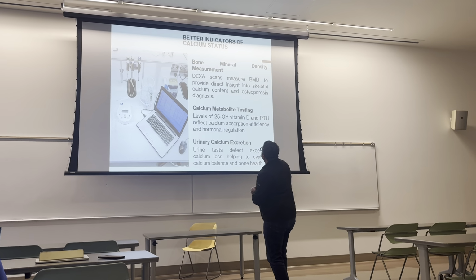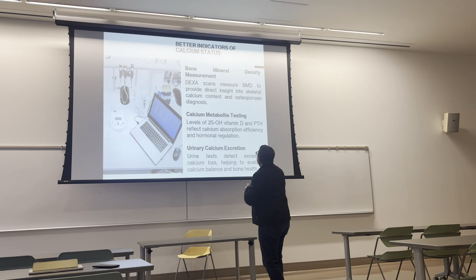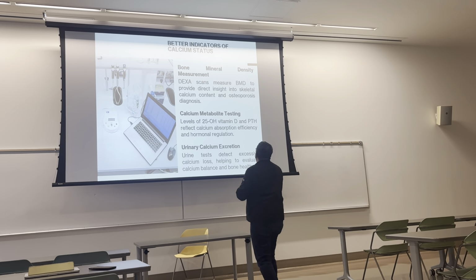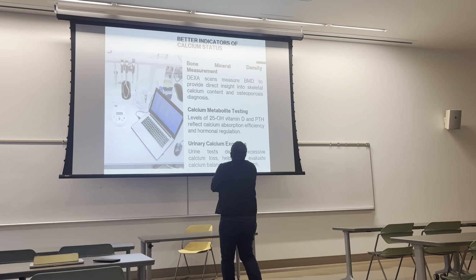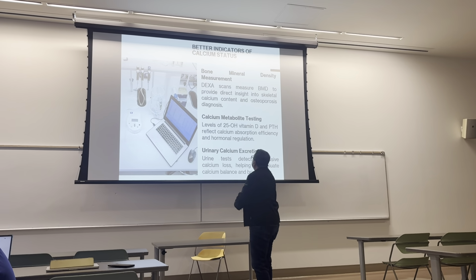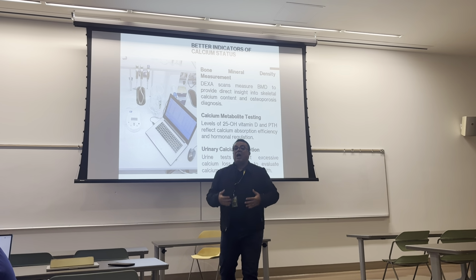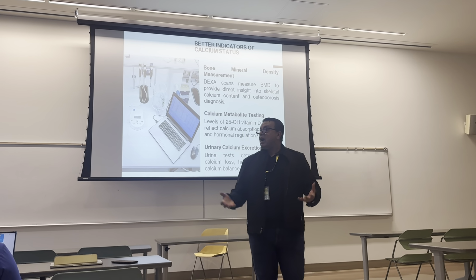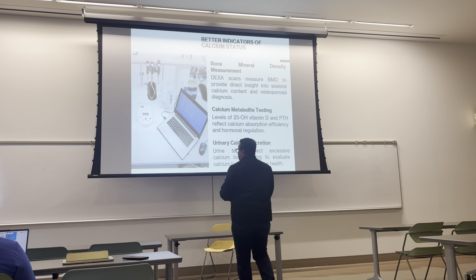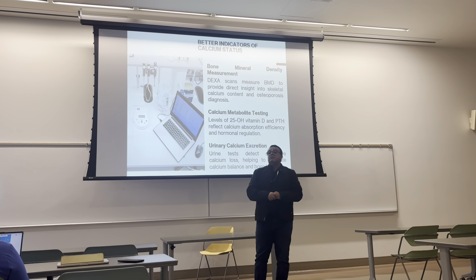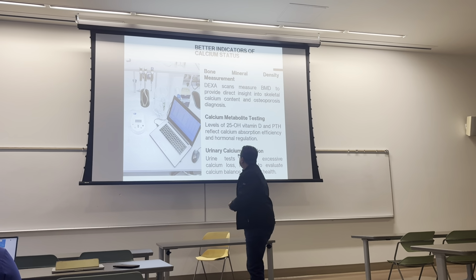Okay, what else? Calcium metabolites. The level of 25-OH vitamin D and the parathyroid hormone reflect calcium absorption, efficiency, and hormone regulation. Hyperparathyroidism, the higher level of parathyroid hormone, is another indication that there is a problem with the calcium.